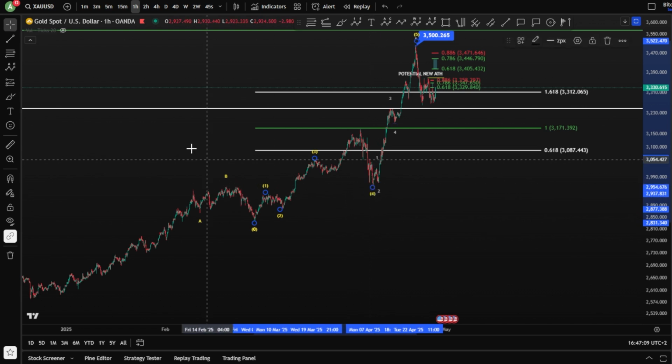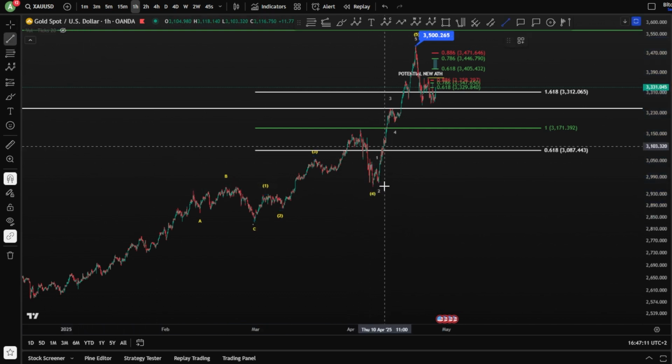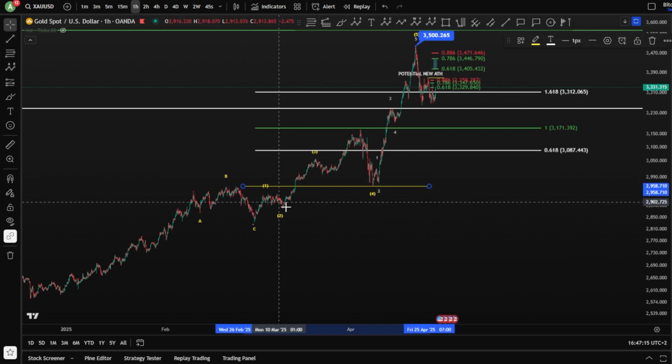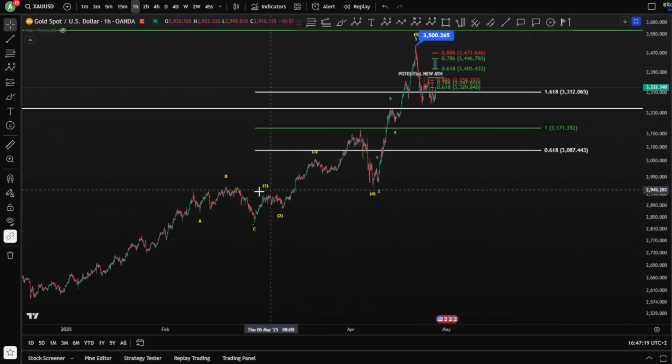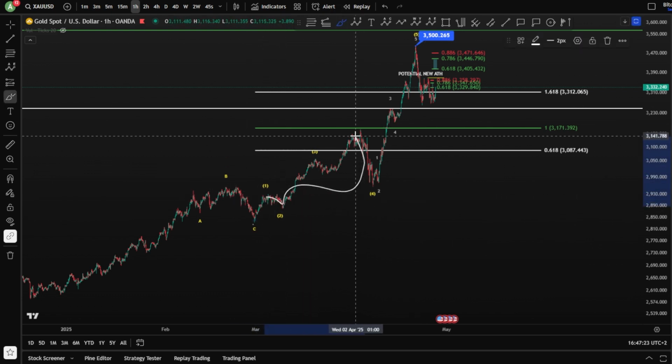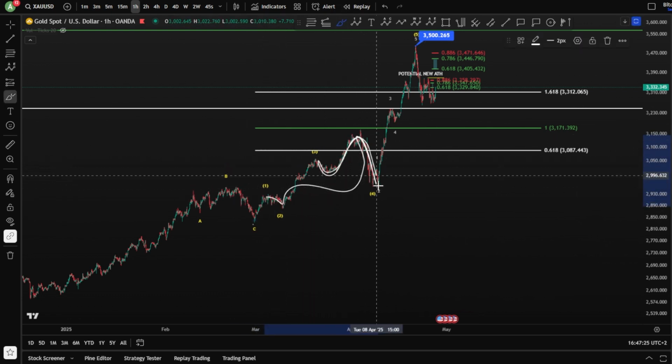You can see the wave 4 did not reach the zone 1, and that means no invalidation. It's a clean impulse. And we're looking for a little bit deeper wave 4 here. That's fine because your wave 2 is sideways, meaning as per alternation, this is a perfect scenario for wave 4.